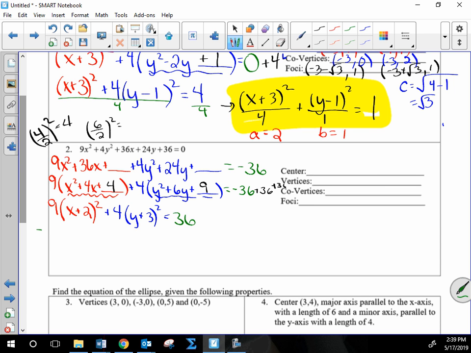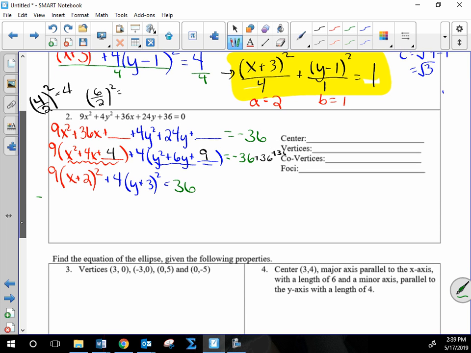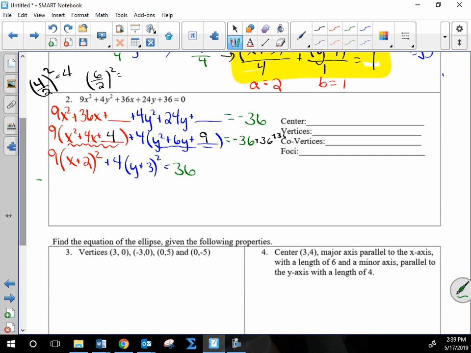Okay, are we done? What must we do? Okay, I heard some mumblings and I don't think they're the same thing. Okay, divide by 36. Okay. So, 36. Oh, how nice of you, Mrs. Margraf, to give us numbers that nicely divide. You're welcome.